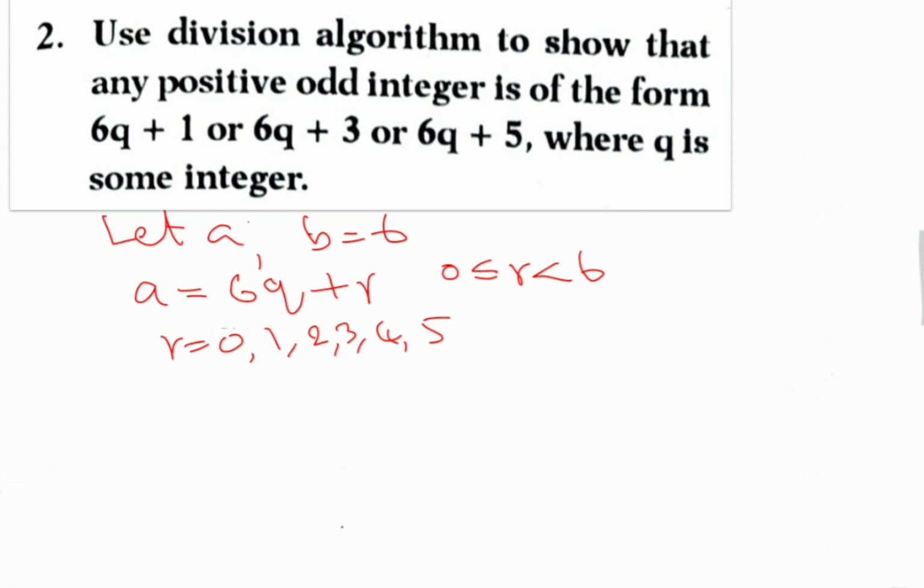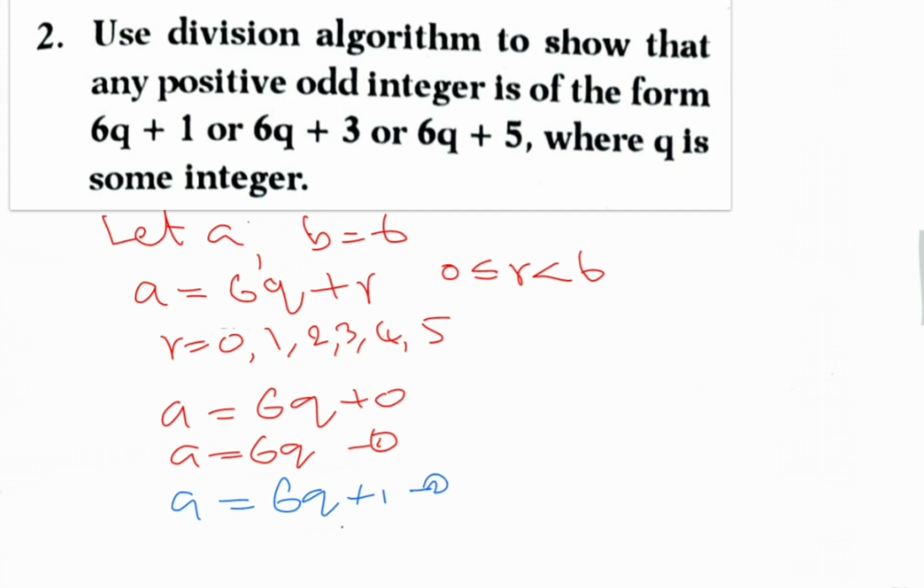Now a can be written as a equal to 6q plus 0, that means a equal to 6q. This is number 1. And a is equal to 6q plus 1.